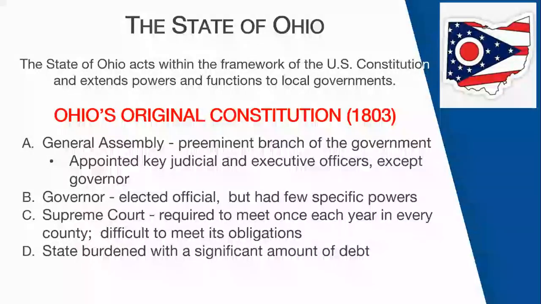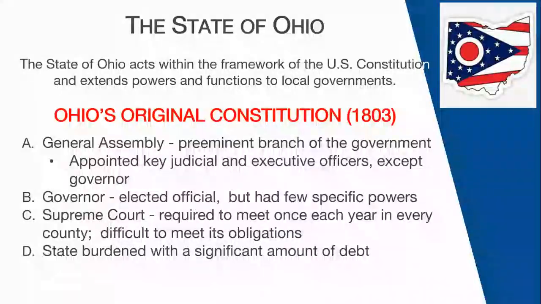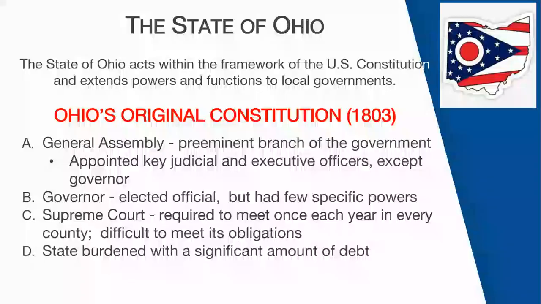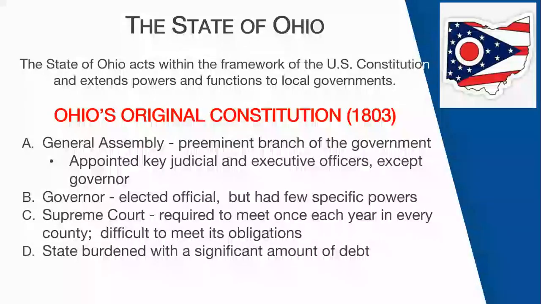And they were afraid that the governor would take too much, so they made the legislature the more powerful group, and then they would appoint everyone from there. The governor was elected, but had only a couple of powers, very limited. You can do this, and you can do that, and that's it. Everything else, General Assembly.